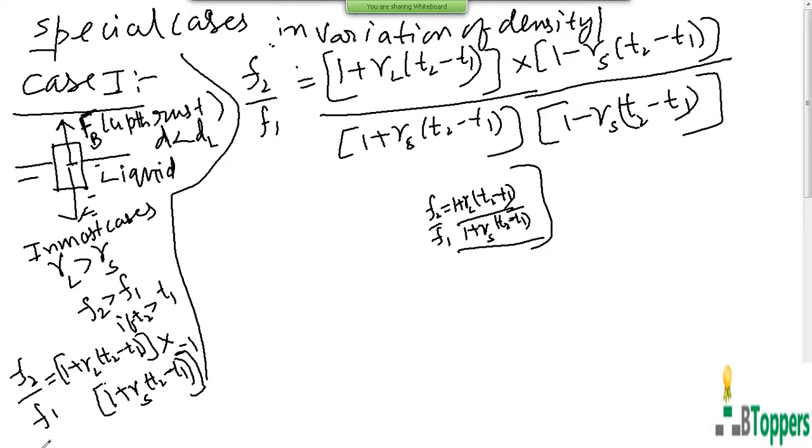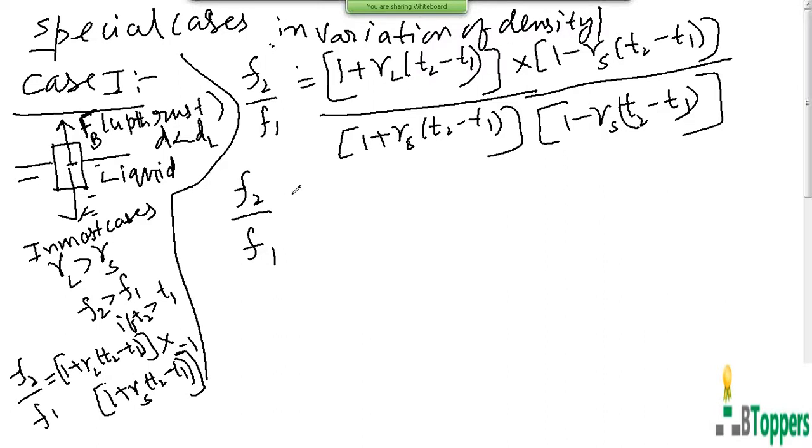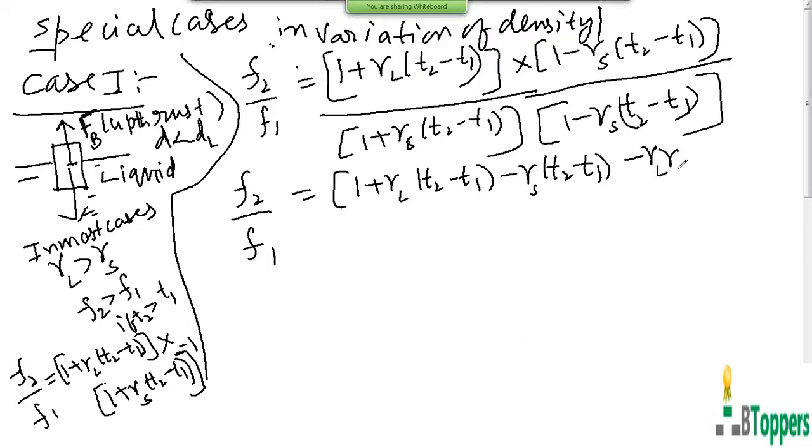So in the denominator, you get here F2 by F1 equal to, simplifying this by multiplying the numerator, 1 plus gamma L into T2 minus T1 minus gamma for solid into T2 minus T1 minus gamma for liquid into gamma for solid into T2 minus T1 whole square.